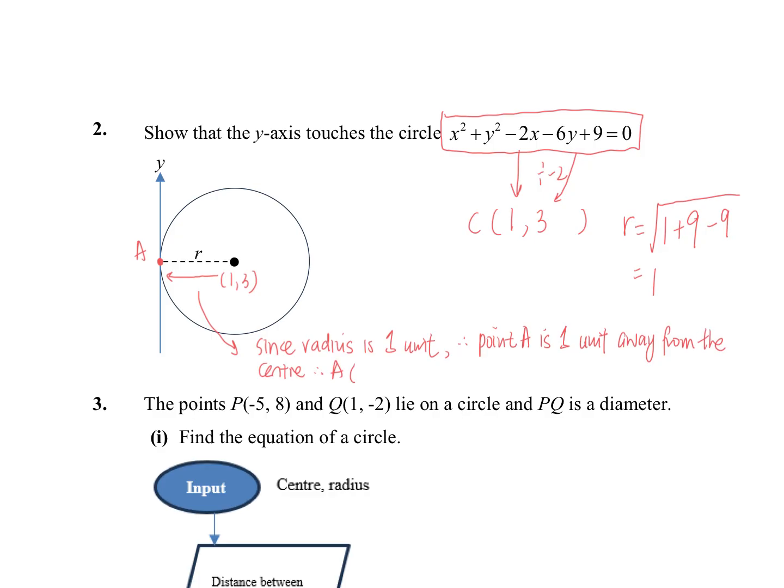Therefore, A has coordinates (0, 3), which lies on the y-axis. So shown. That's all. Because if it is not 0, you'll be standing somewhere here, and then you cannot lie on the y-axis.